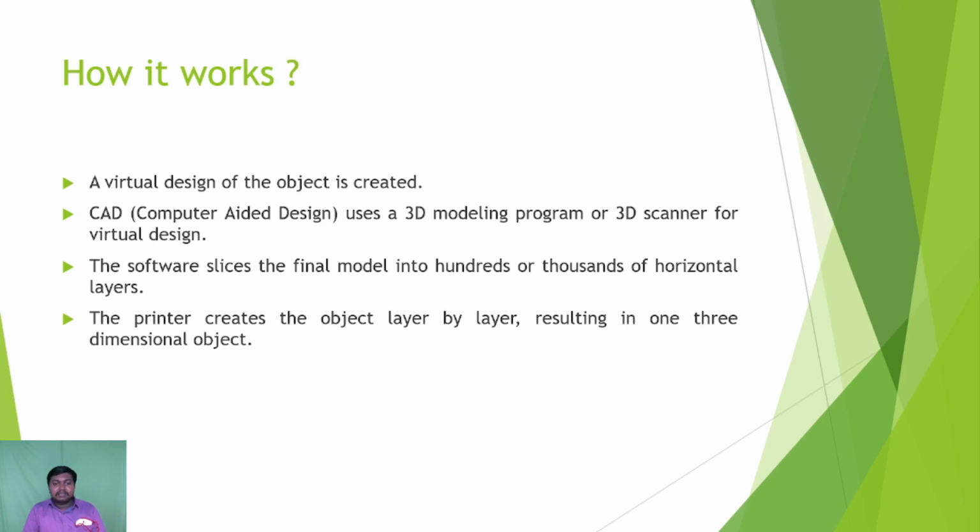CAD modeling uses a 3D modeling program, or a 3D scanner is used for the virtual design. And that particular software slices the final model into hundreds and thousands of horizontal layers, and it sends the information to the 3D printer using STL format. And finally, the 3D printer makes the final product.